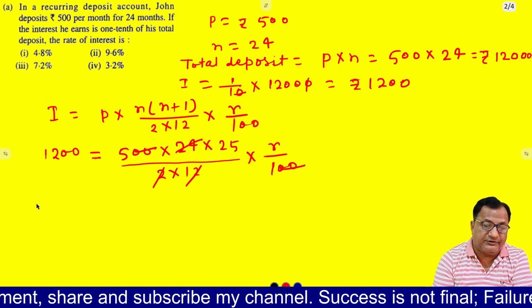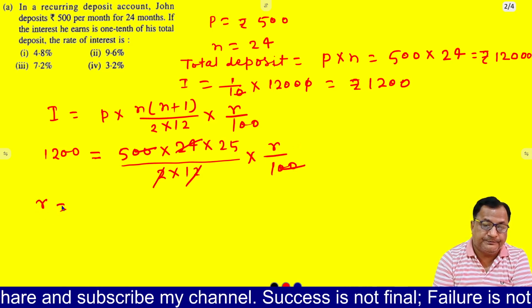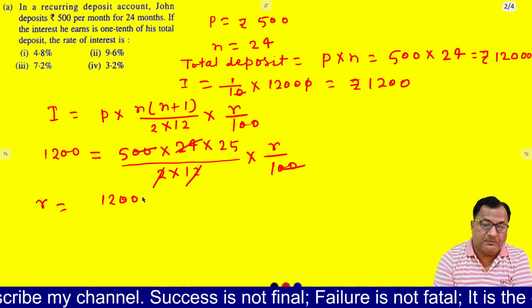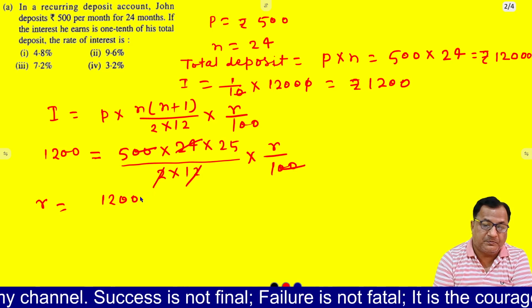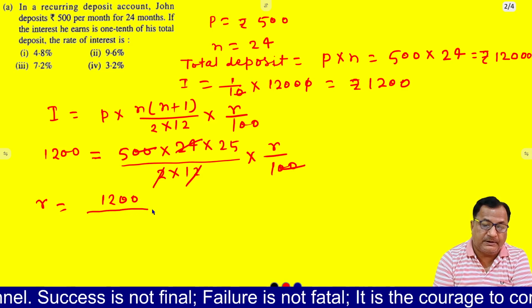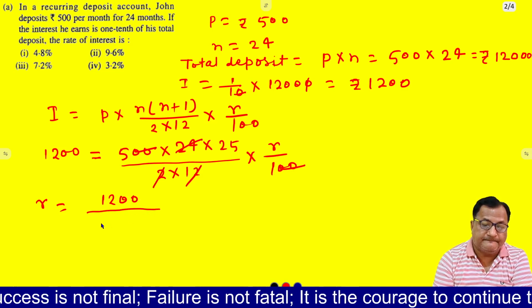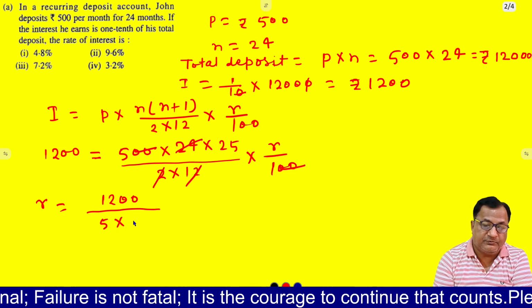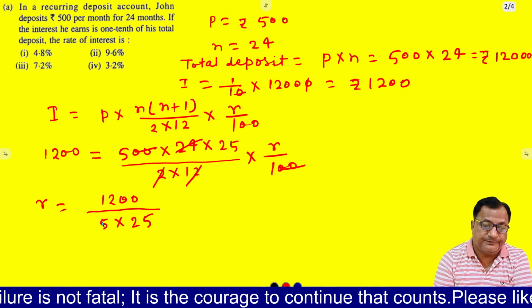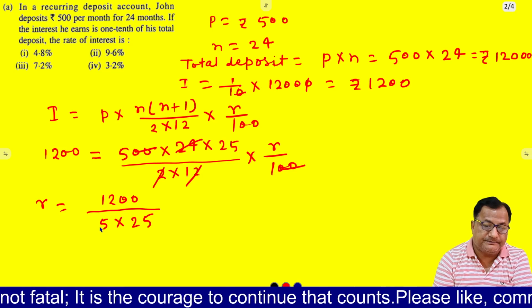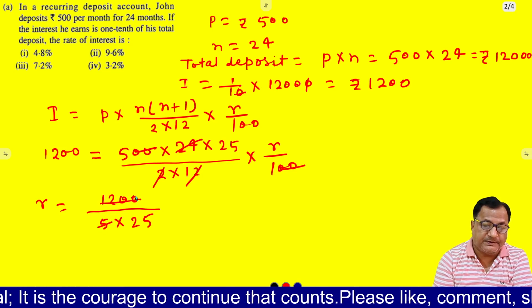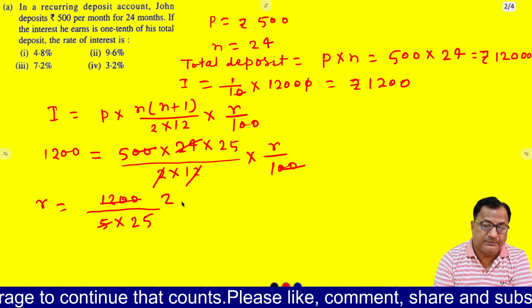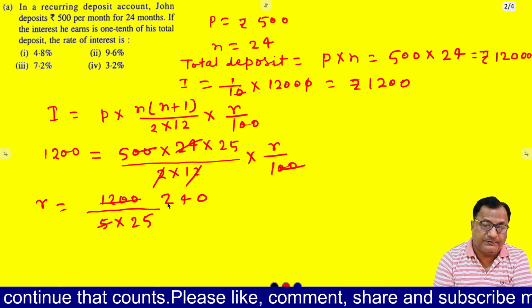So R is equal to then 1200 divided by 5 into 25. So it will cut 5 to 14.